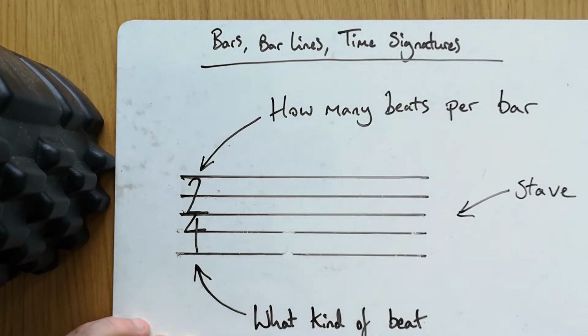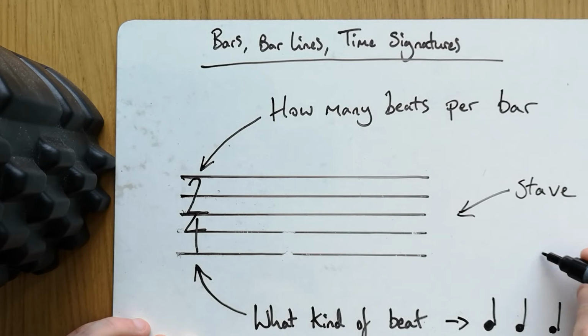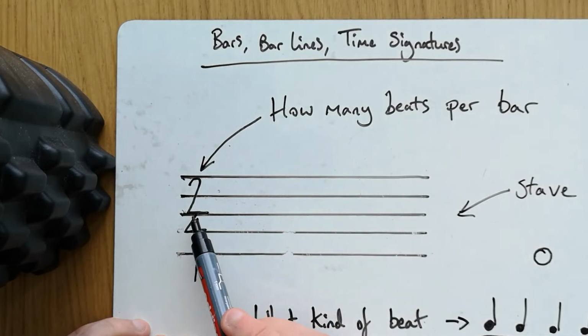If you remember back to what you copied earlier on, with all our different time values, there was one note, the crotchet, where there were 4 of them in the space of one semibreve. So anytime you see 4 as the bottom number, it's indicating crotchets. It means there are, in this example, 2 crotchets per bar.